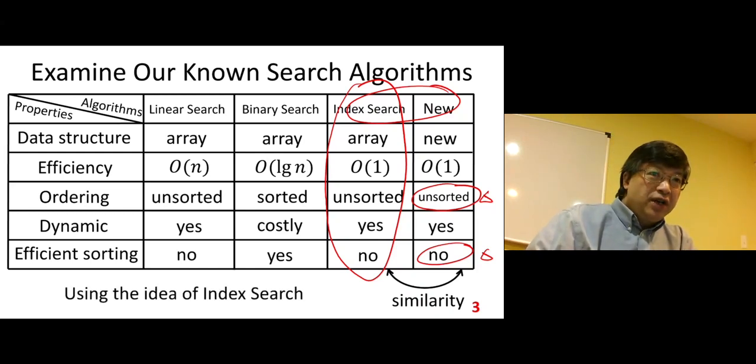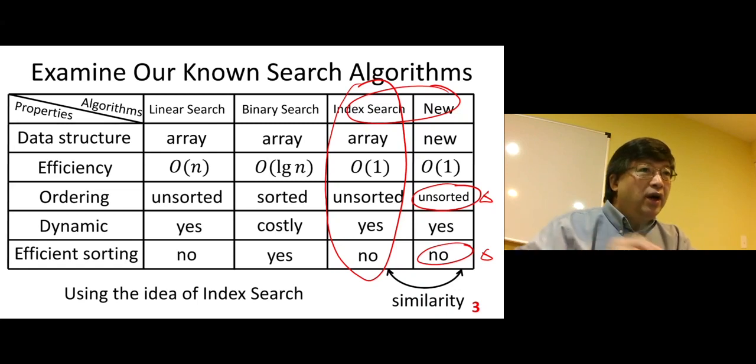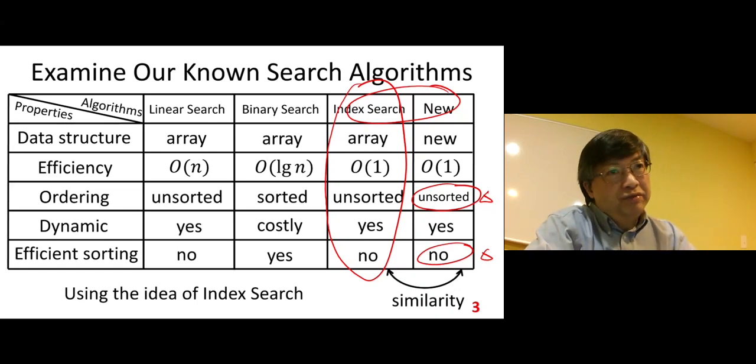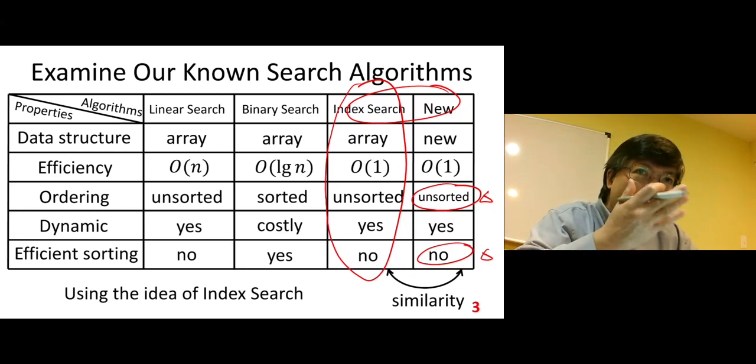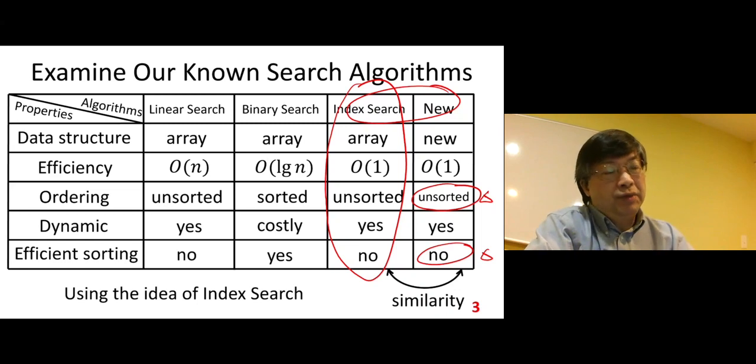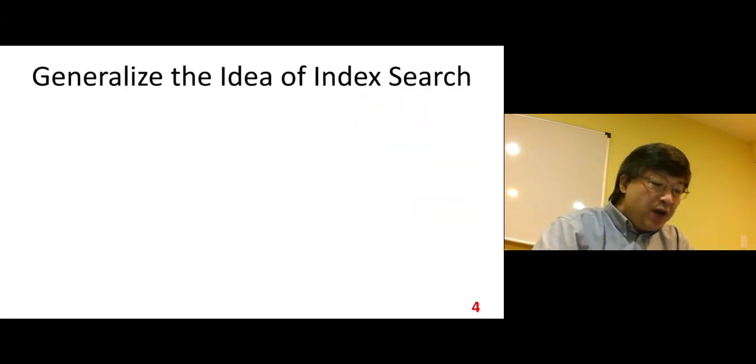So let's recall the index search. How much do we need to modify? We have to modify the structure of the index search. But where do we modify it? We generalize the idea of the index search.